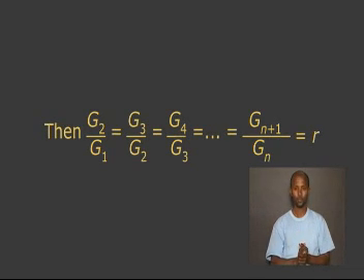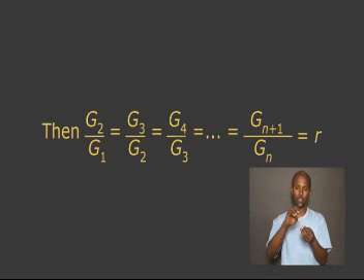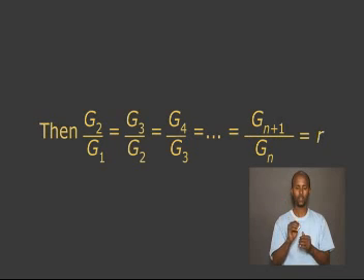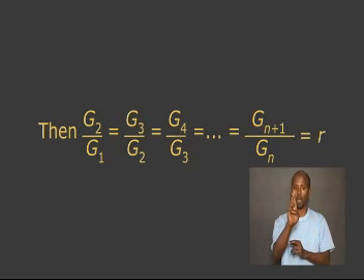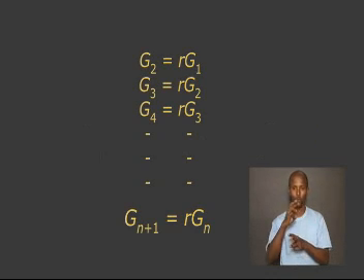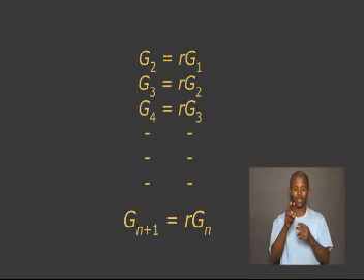This is equal to Gn plus 1 over Gn, which is R for ratio. In the same way, G2 equals R times G1.